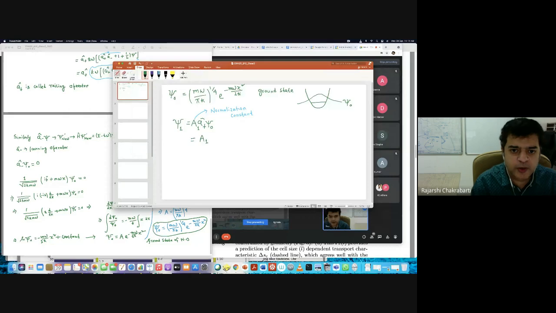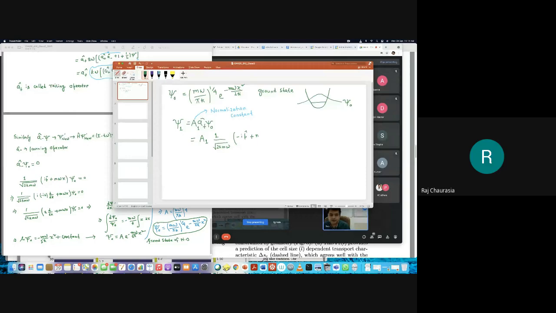A1. What is the definition of A plus? If you see my notes, the definition is like this. The prefactor was this. And then what was inside? Remember? Minus i p plus m omega x. I think this is exactly the operator, isn't it?